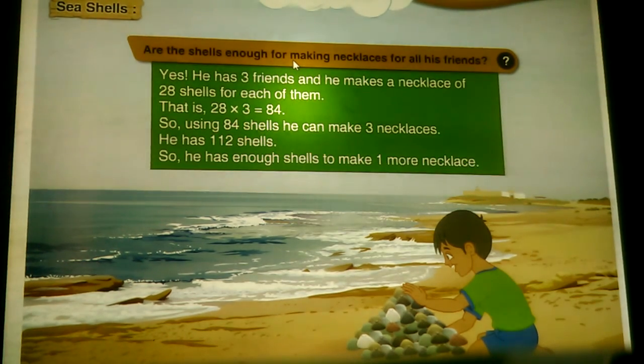He has 3 friends and he makes a necklace of 28 shells for each of them. That is, 28 multiplied by 3 is equal to 84. So, using 84 shells, he can make 3 necklaces. He has 112 shells. So now he is left with the shells enough to make one more necklace.